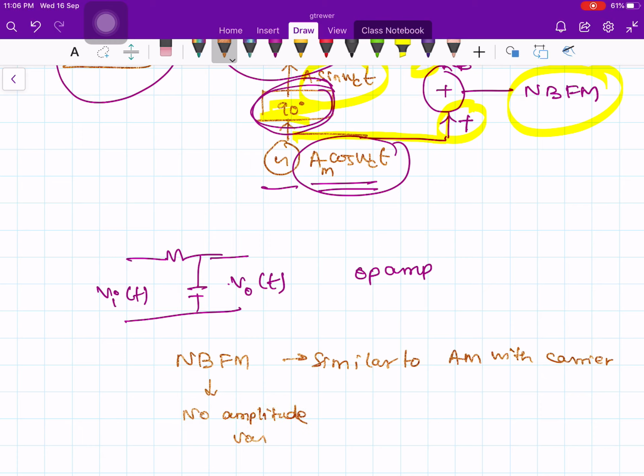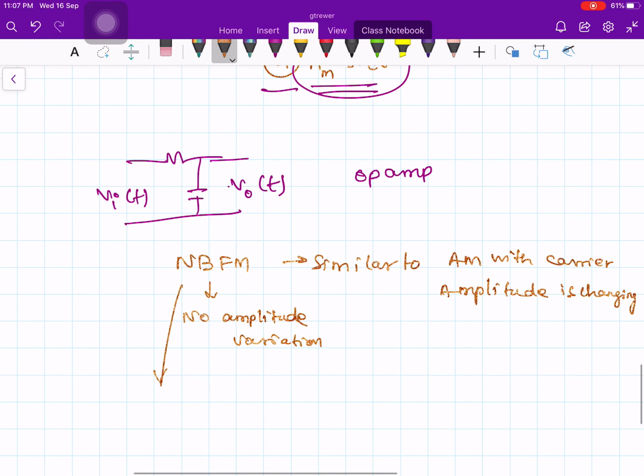No amplitude variation. But here amplitude is changing. So it is contradicting now. How can I get a constant amplitude from the amplitude changing signal? Originally speaking, in fact there is no amplitude changing. Even narrowband FM also has constant amplitude.